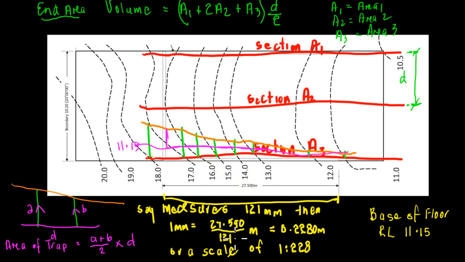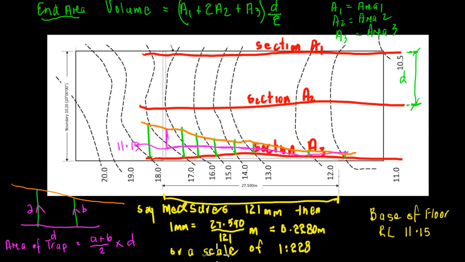If we divide that by 121, that tells us that 1 millimeter is equal to 0.2280 meters, and as we know, that's 228 millimeters. So we could say it as an RF scale, or representative fraction, of 1 to 228, which is not a scale that you're going to find a scale ruler for.